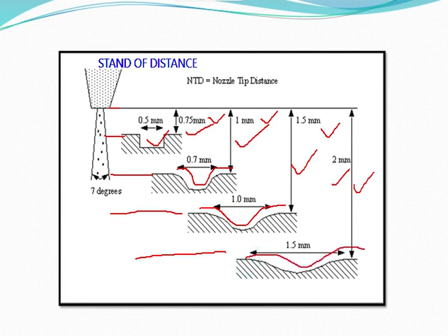So it is clear from the figure that MRR increases with nozzle tip distance or standoff distance up to a certain distance, and then it decreases again. Penetration rate also increases with standoff distance and then decreases. Decrease in standoff distance improves accuracy, decreases kerf width, and reduces taper in machined grooves.